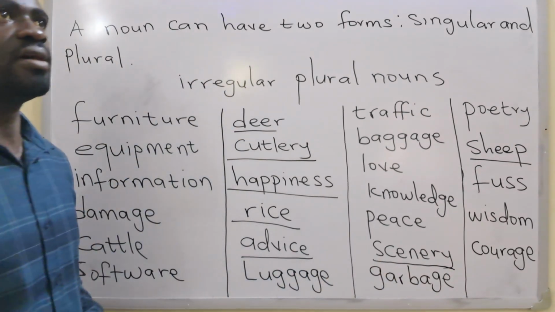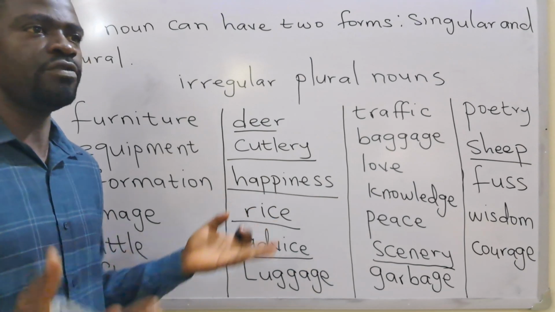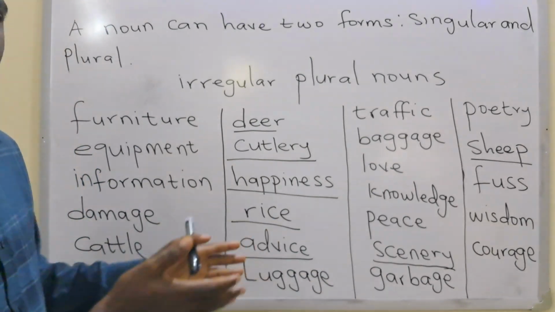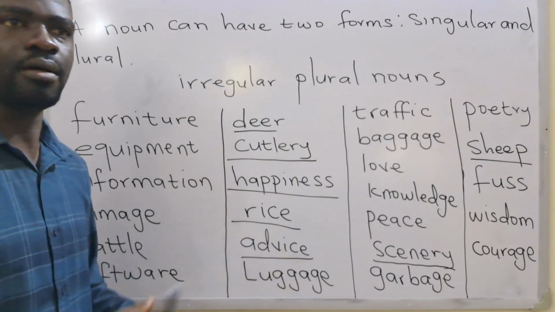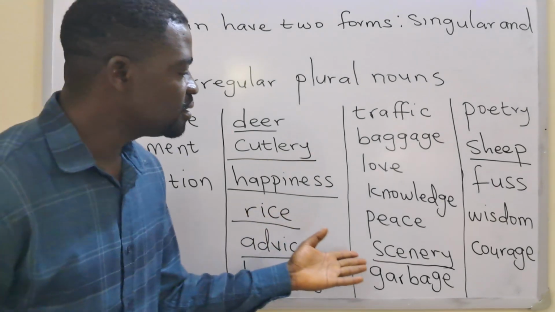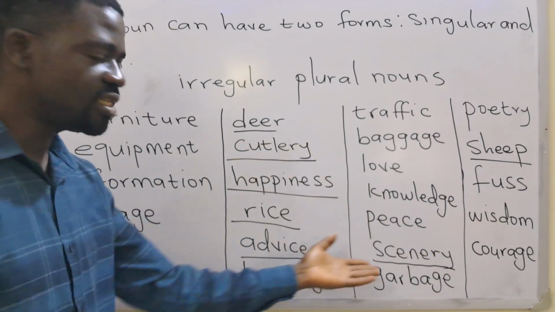Scenery is the view. The view or the physical view of a particular place, especially the natural world. You have a view of the countryside or the view of the city, but you don't have sceneries. So the view of a particular place is a scenery.